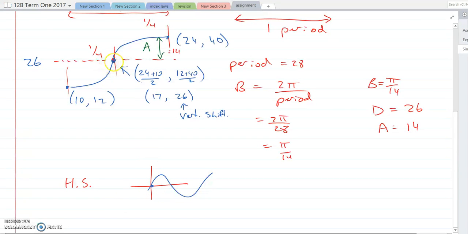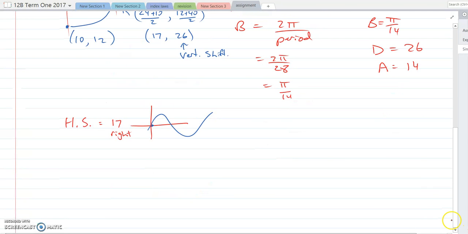But instead of being at the origin, this one is shifted to the right 17. This x value is 17. So my horizontal shift is 17 to the right, which means that because it's to the right, the c has to be negative. So c over b, my horizontal shift, has to be equal to negative 17.